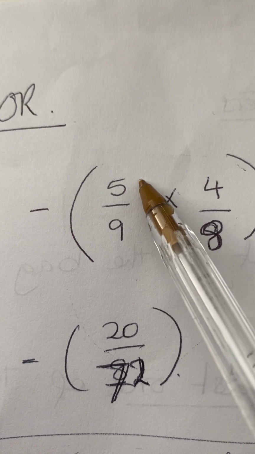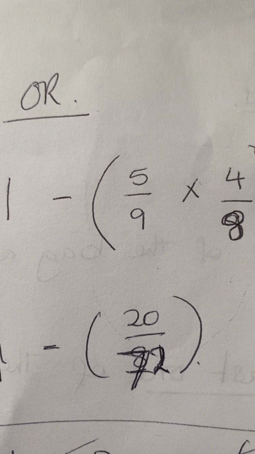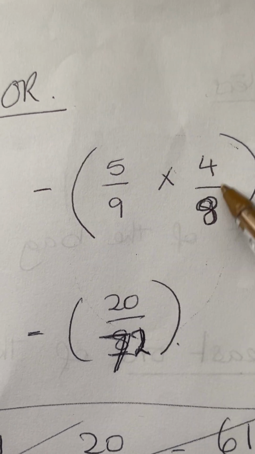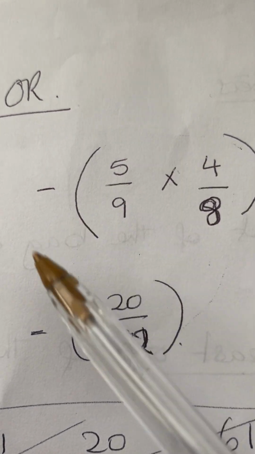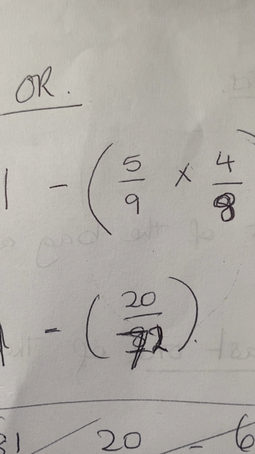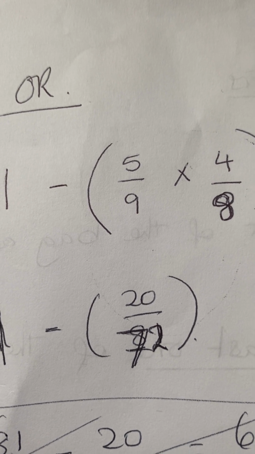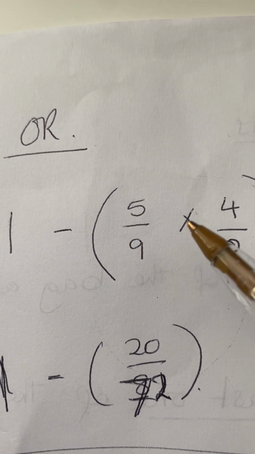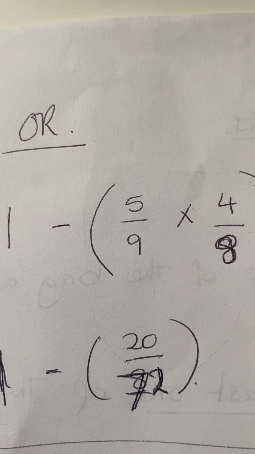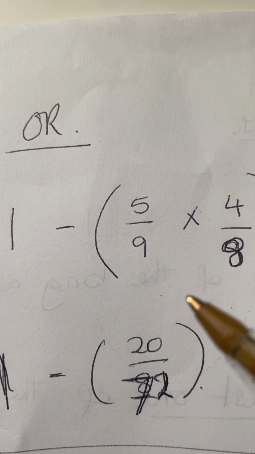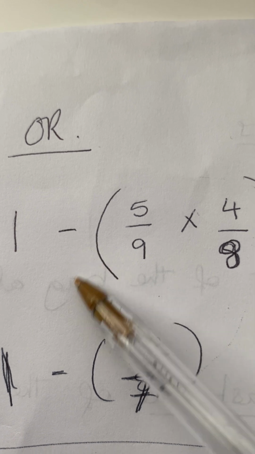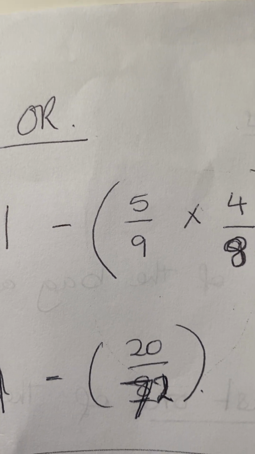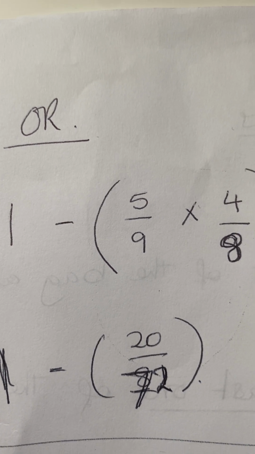So if you pick the one that is not blue, then it becomes 4 over 8. You multiply them together. So this is an instance of picking none that is blue. Multiply them together, take it out of 1. So if you take it out of 1, your answer becomes, we've picked at least one that is a blue.